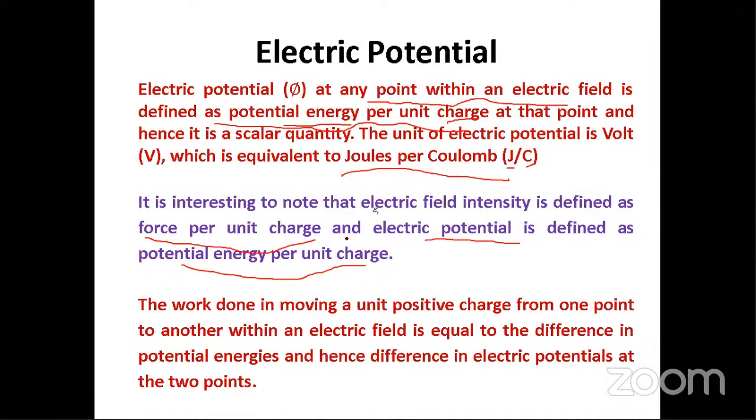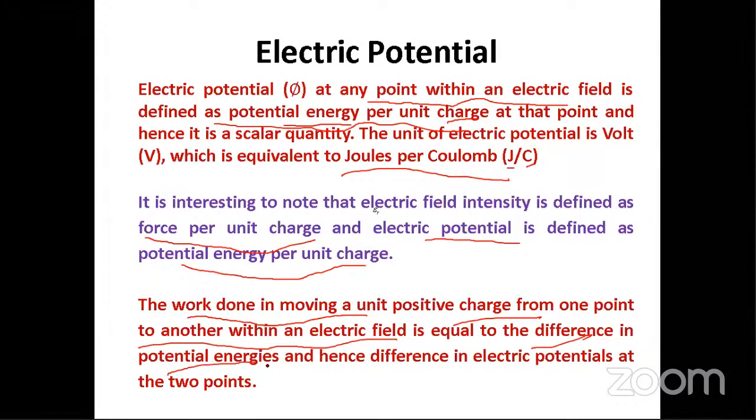And sometimes we are basically interested to find out the potential difference between the 2 points. So that definition is like that. Potential difference is work done in moving a unit positive charge from one point to another within an electric field, that is equal to the difference in potential energy, and hence the difference in electric potential.